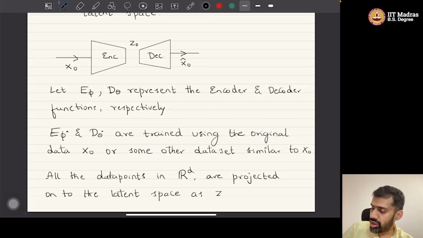Let's call the pre-trained ones E phi star and D theta star. So we have z naught given as E phi star of x naught.